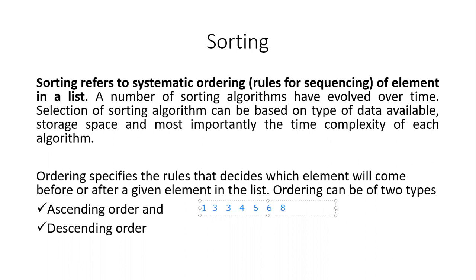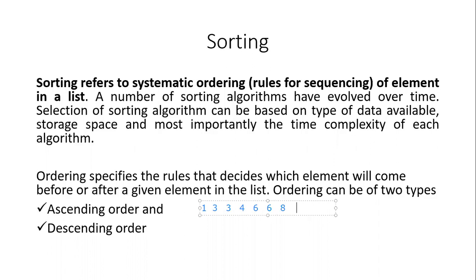Now this is a list in ascending order. We are increasing, then there is no increase, then increasing again, and there is no increase from 6 to 6, and then we are again increasing. But one thing is for sure, this is a list which is in non-decreasing order.